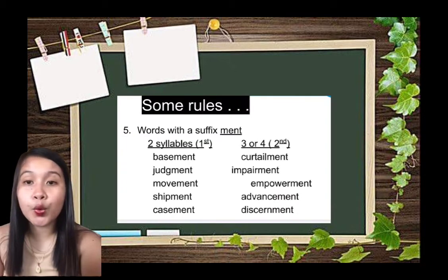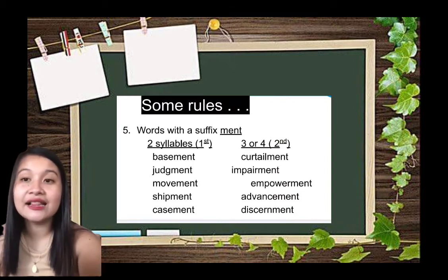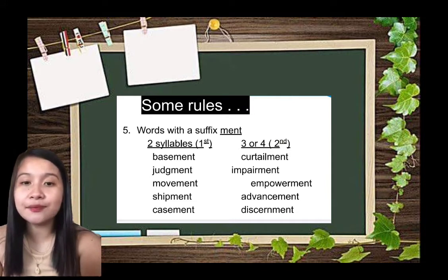The next rule is words with the suffix ment. Let's start with two syllables. For example, basement, judgment, movement, shipment, casement.